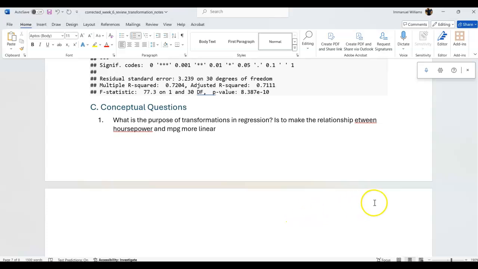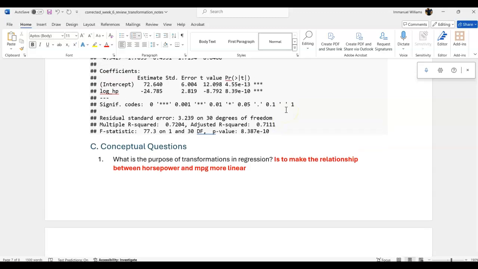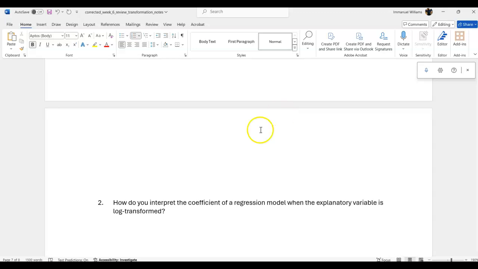Okay, there are other reasons to make the data look more symmetric, aka look normal, or even to make it even across multiple groups. But you're taking this over the summer. We're getting what we can get in, right? So this is one of the reasons why we would do a transformation, is to make it more linear. Okay, great, fantastic.